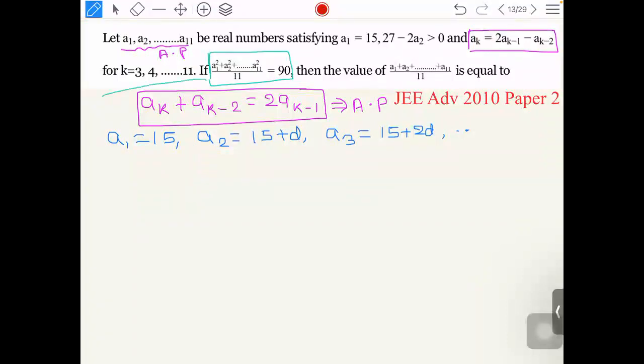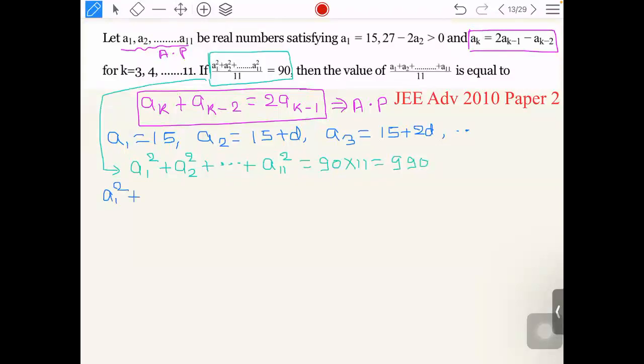So we can rewrite this information as a1 square plus a2 square plus dot dot dot plus a11 square is equal to 90 into 11, which is equal to 990. Now we know the value of a1 square.